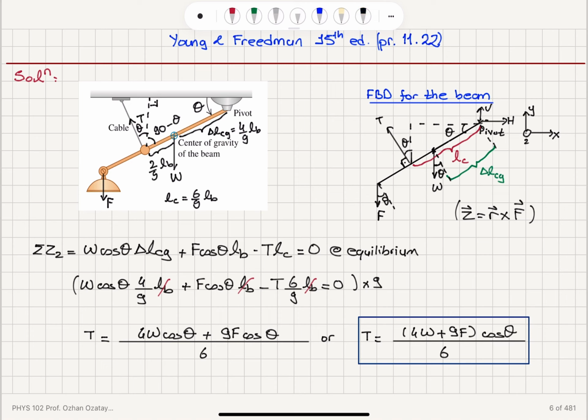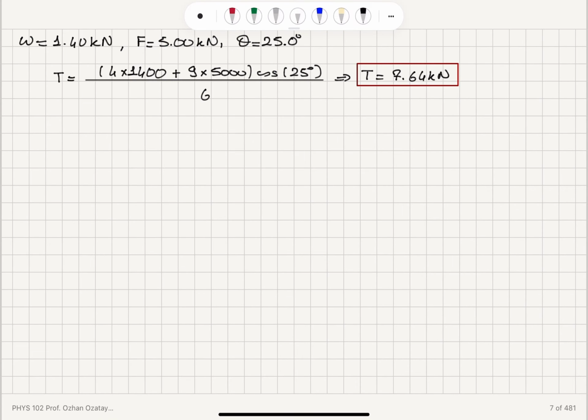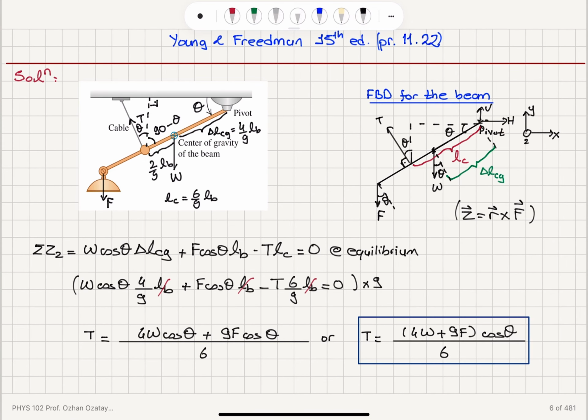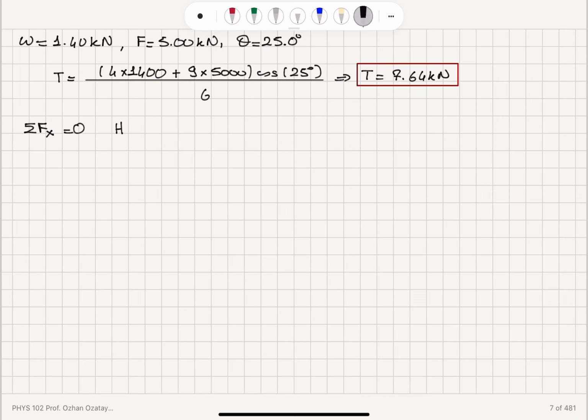Okay, so T sine theta will be the horizontal force acting on this because weight and force F are on the vertical axis. So if I write the net force on the x-axis, the sum over the forces on the x-axis should be equal to 0. So the horizontal force, I have used this convention, it is pointing to the right in plus I-hat direction. Horizontal force, then T sine theta is pointing in minus I-hat direction, is equal to 0. So I find that the horizontal force is T sine theta.